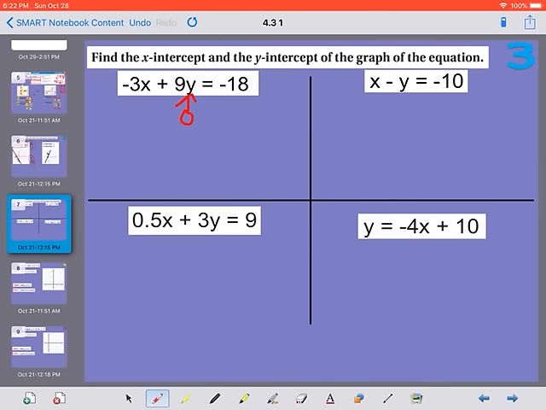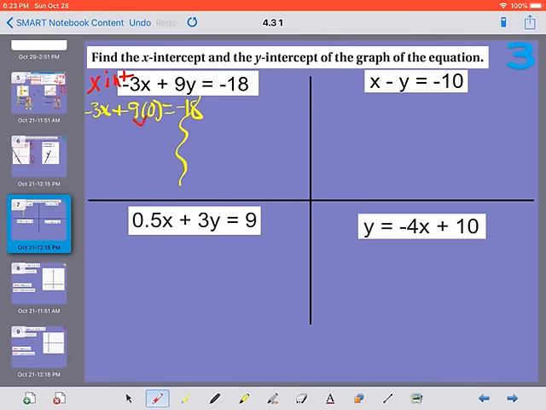And then we're going to do the same thing to find the y-intercept. So I'm going to really solve this equation 2 times. We have negative 3x plus 9 times 0 equal to negative 18. So I'm plugging in when y is 0, so we're finding our x-intercept first.